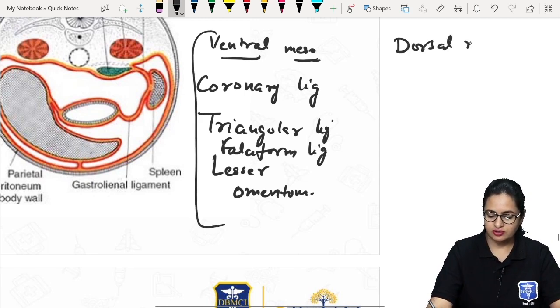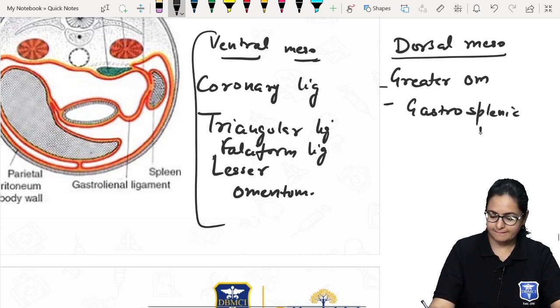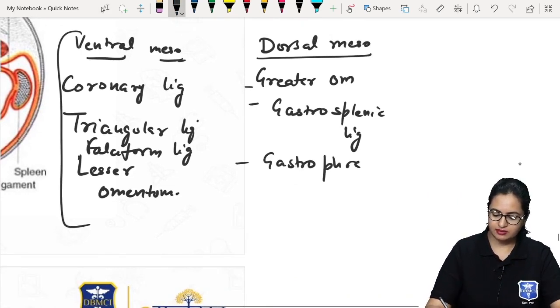When we talk about the dorsal mesogastrium, its derivatives include the greater omentum, the gastrosplenic ligament, the gastrophrenic ligament and the splenorenal ligament.